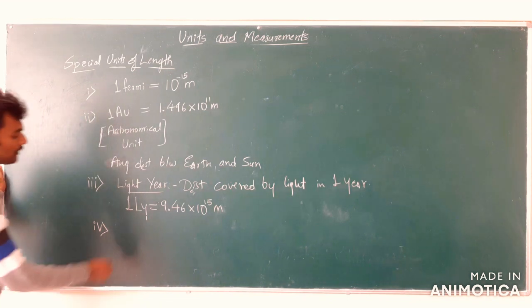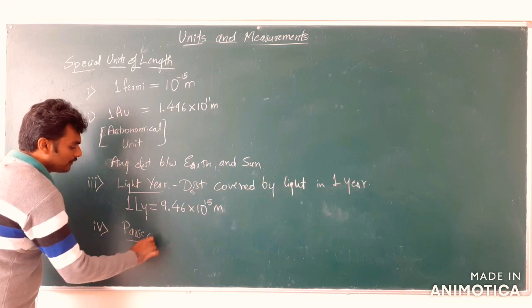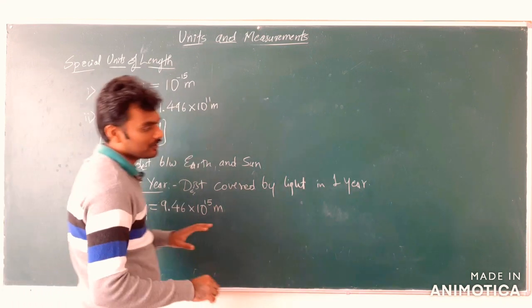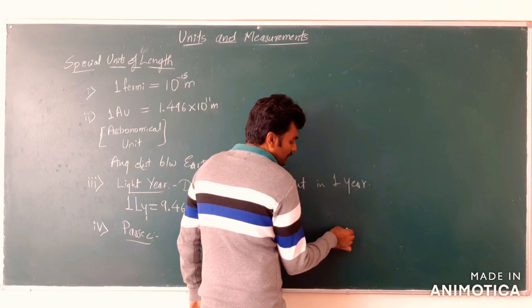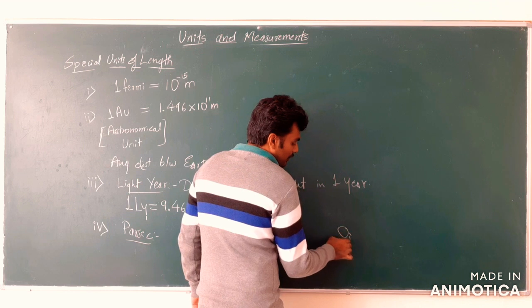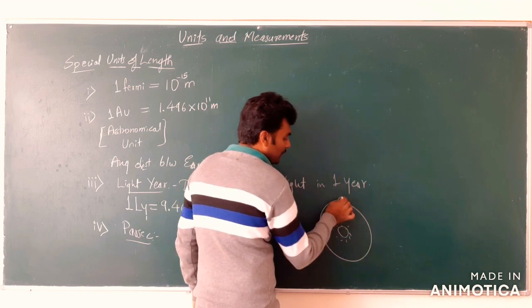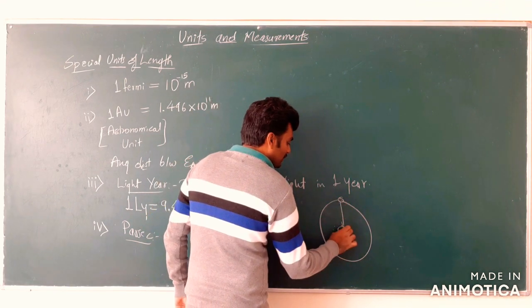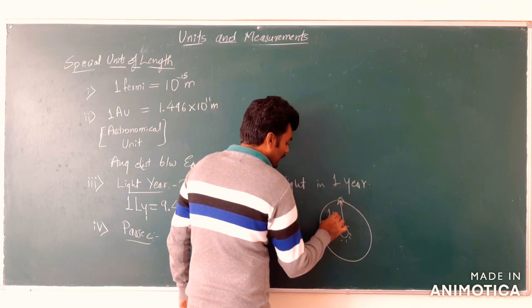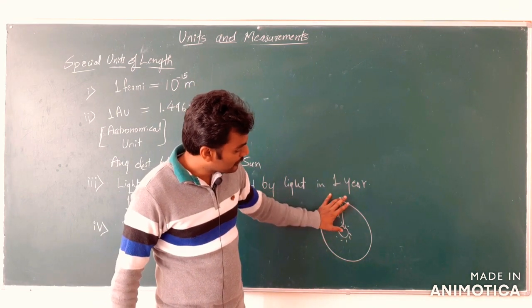I'll just give you the idea about parsec, don't need to worry about the definition and all. We all know that earth revolves around the sun. When the earth revolves around the sun, it makes a distance of 1 AU, 1 astronomical unit, between earth and the sun.